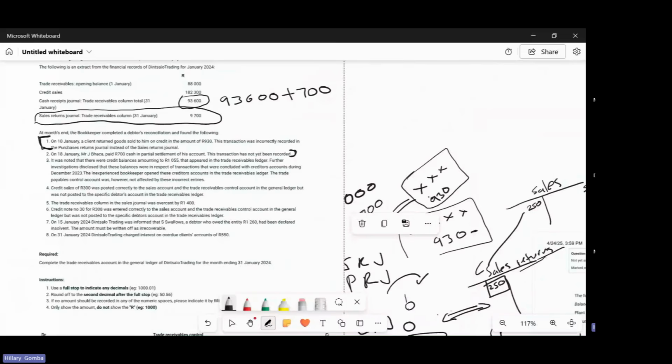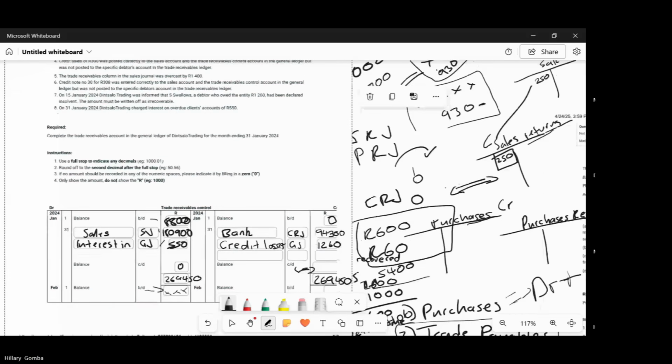How much do you get if you add the two? 10,630. Yeah, 9,700 plus 930, 10,630, which is your sales returns journal, SRJ.